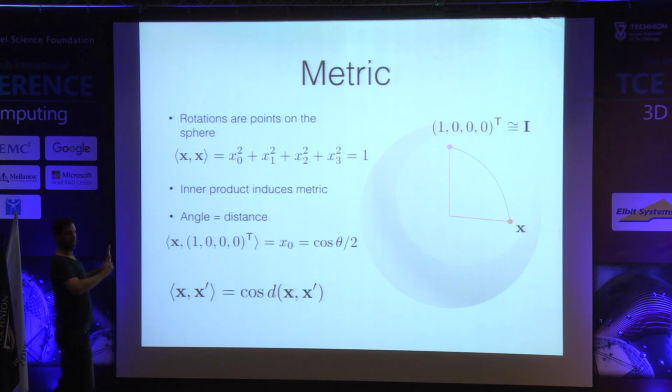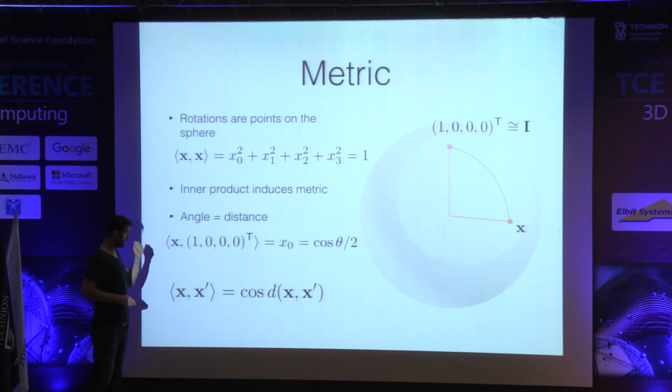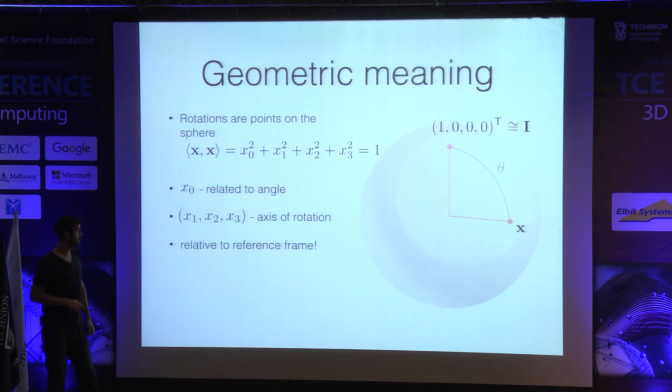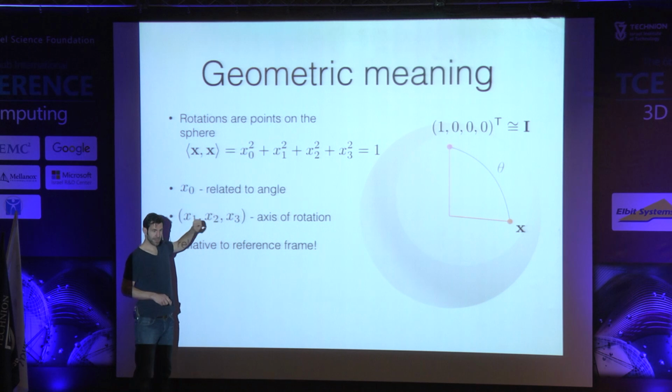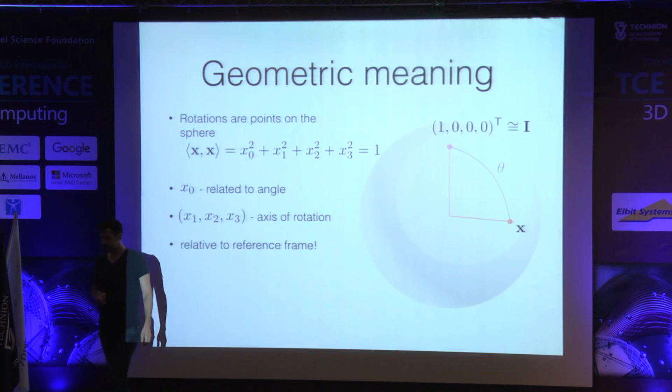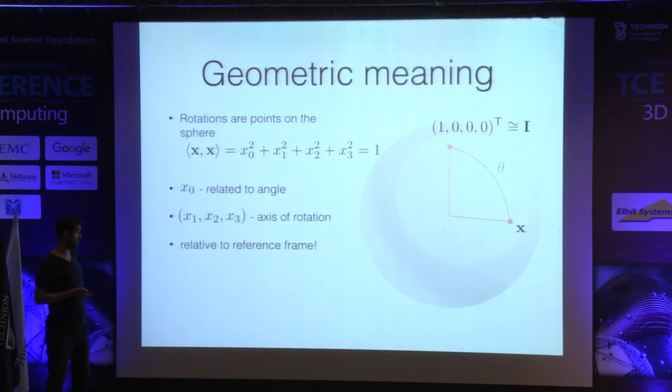Okay, fine. So much of this, I think, was known to most of you, and I just took this line of thought to do the same thing for deformations. Last thing, geometric meaning. x0, as I just said, is related to the angle, and the other three, x1, x2, x3, are actually the axis of rotation, and this axis of rotation depends on a reference frame, right?